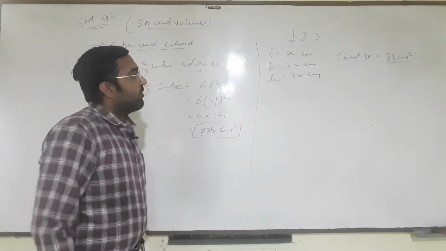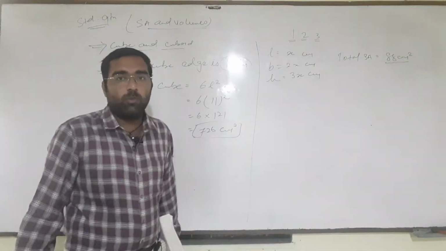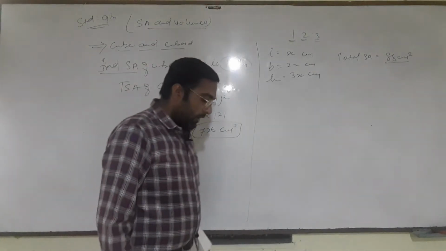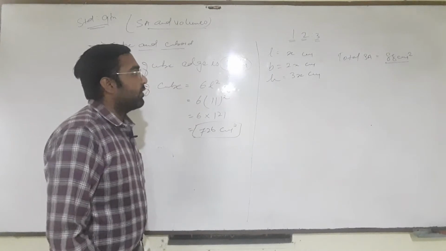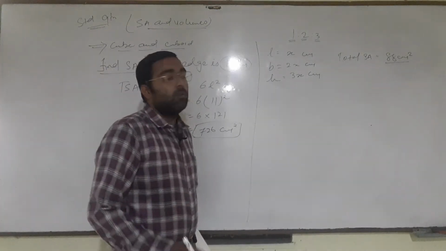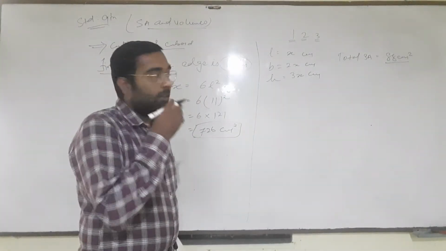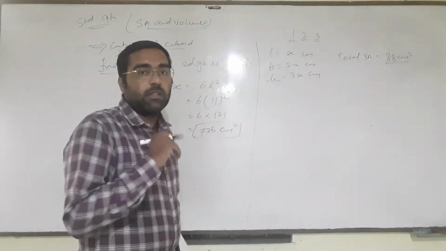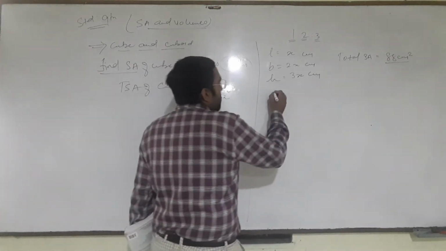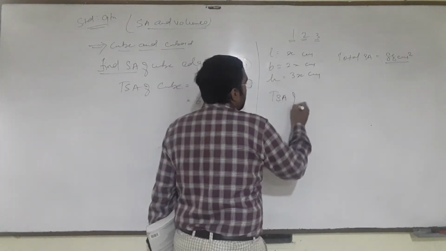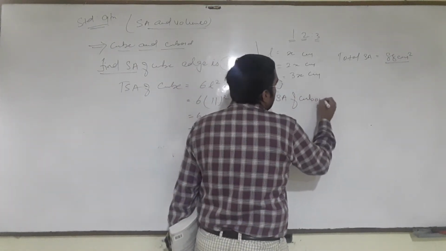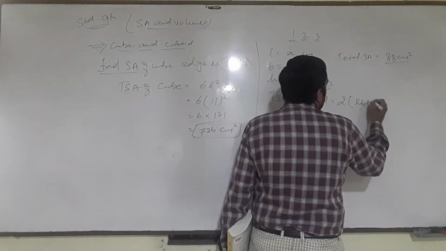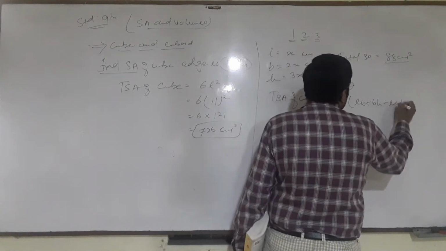So we have to find each side of the cuboid. Since the total surface area is given, I will take the total surface area of the cuboid, that is 2 times (LB plus BH plus LH).